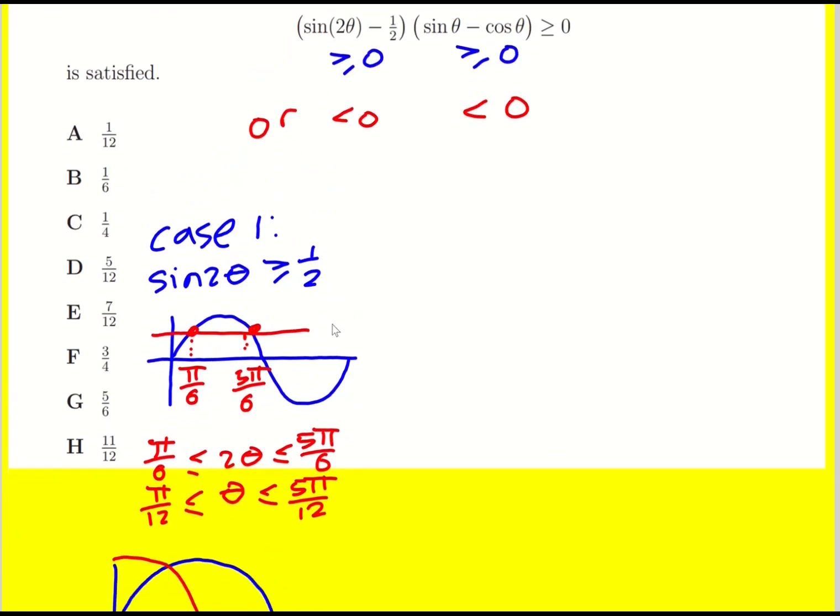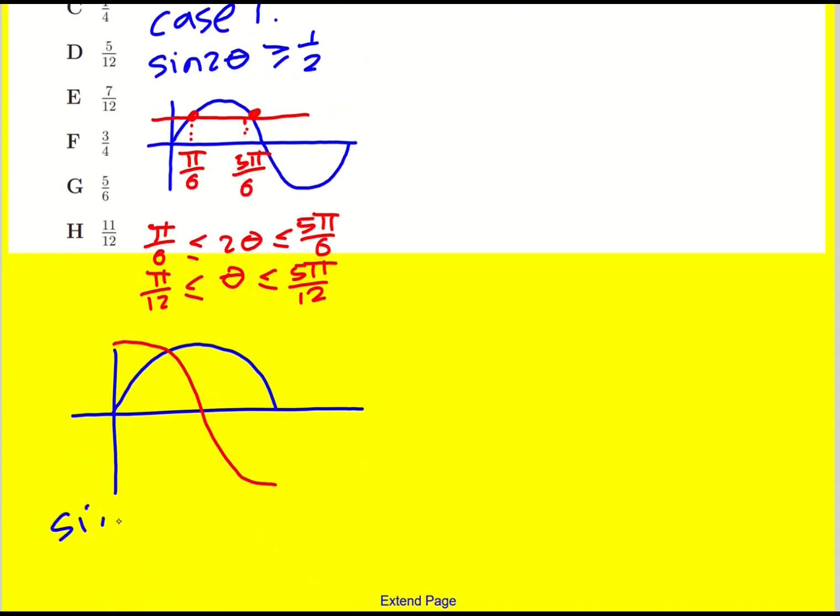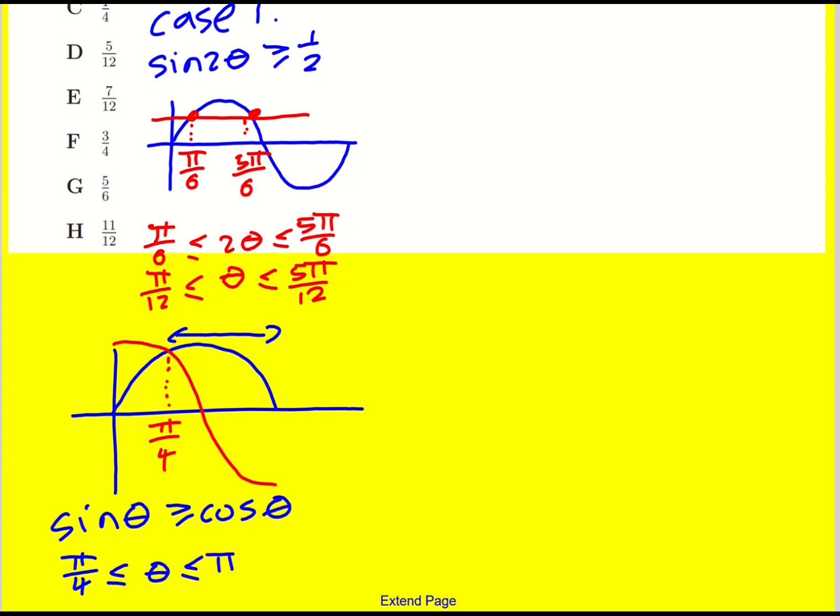I want sine theta to be greater or equal to cos theta to make this one greater or equal to 0. Let's use the point at which they are equal to one another, which is pi over 4, because both of them are 1 over root 2 there. If I want sine to be greater, it's going to be this region here. Therefore, it's pi over 4 less than or equal to theta less than or equal to pi.